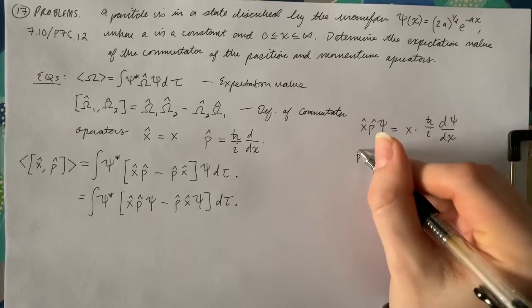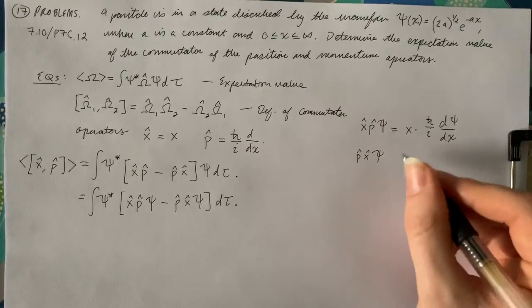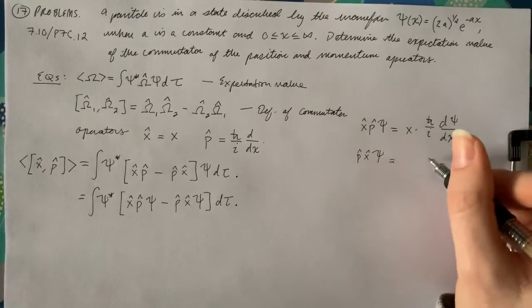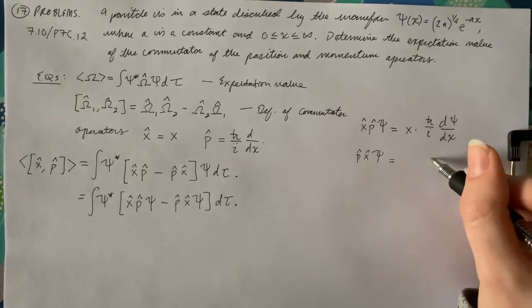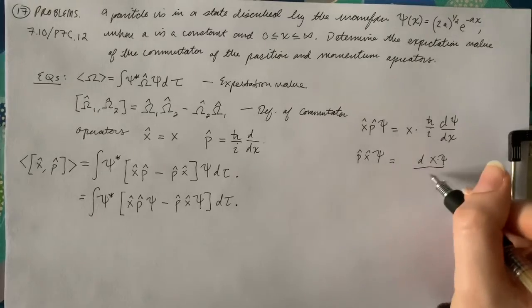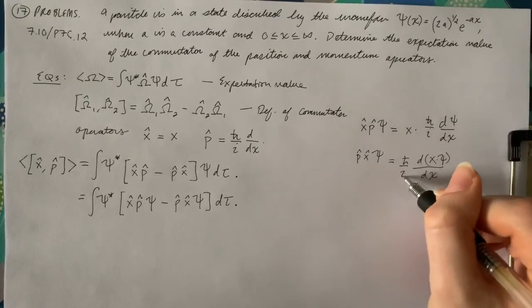And then momentum position psi equals, again, I'm going to do it right to left, to me that's easier, we have x times psi, and then we have the derivative of this, times h bar over i.